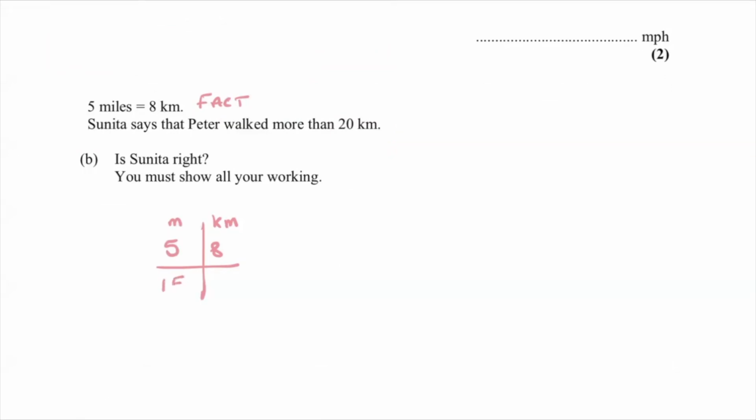So I put that 15 in the miles column and then I multiply through by the diagonal and divide by that corner. I will write that out properly for the examiner so the maths is clear. Into the calculator, and that is 24 kilometers. That is more than 20, so she is right.